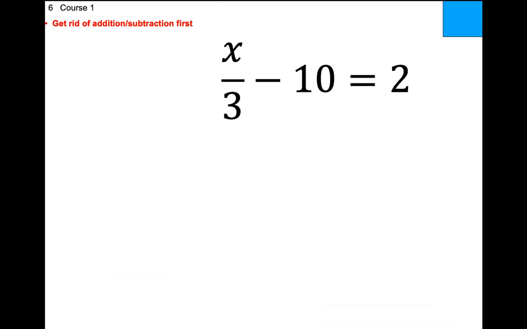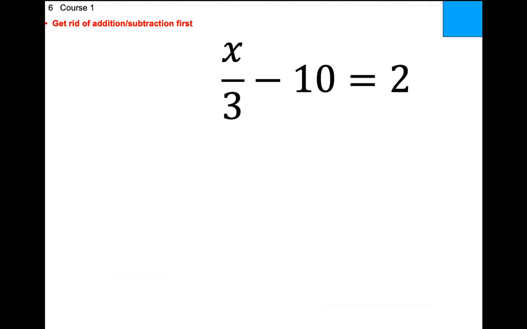All right. 3 or 10, which one? 10. Okay. Could we get rid of the 3 first? Yes, we could. So the reason why we choose not to do that first is it's just more work. I have to multiply 1, 2, 3 things times 3, but it would work. We multiply this by 3 and this by 3 and this.